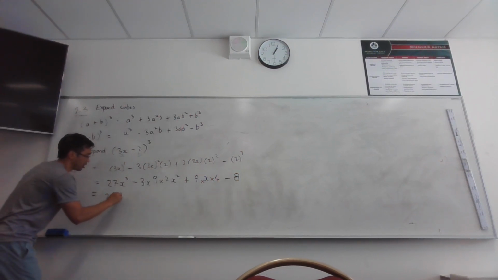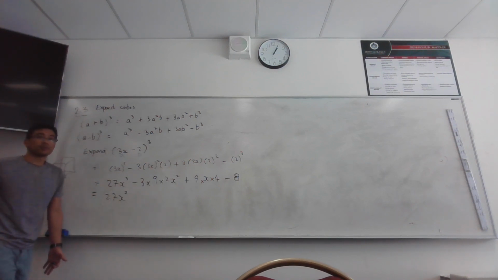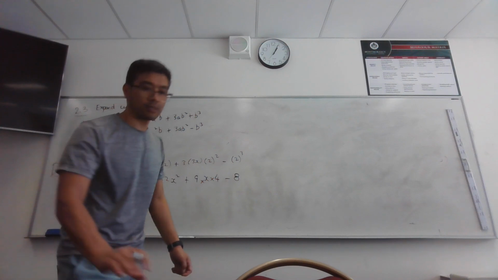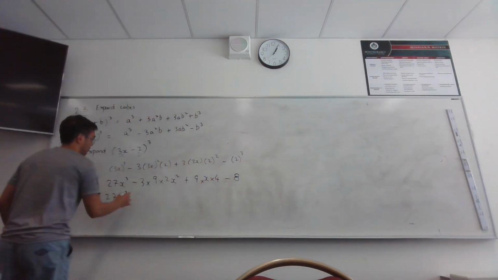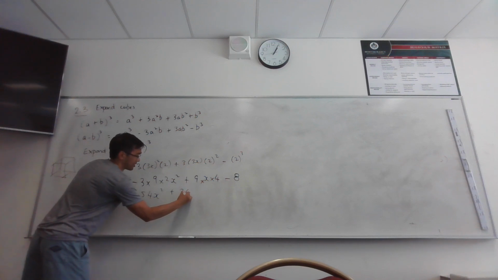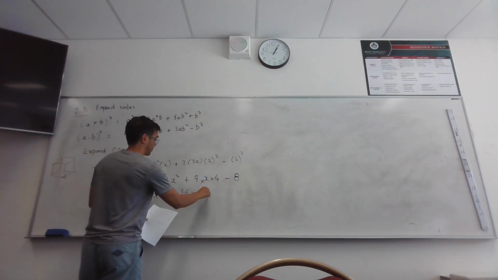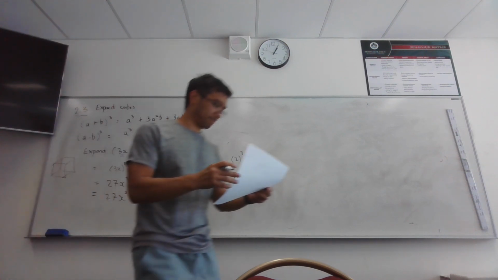And you just keep going. 3 times 9 times 2, it's just a 54. It's a 36x and a minus 8. Are we good with that?